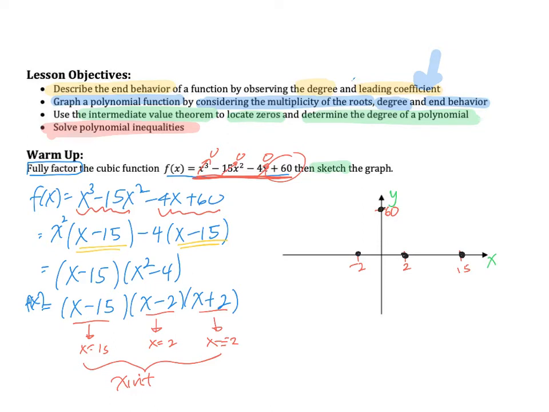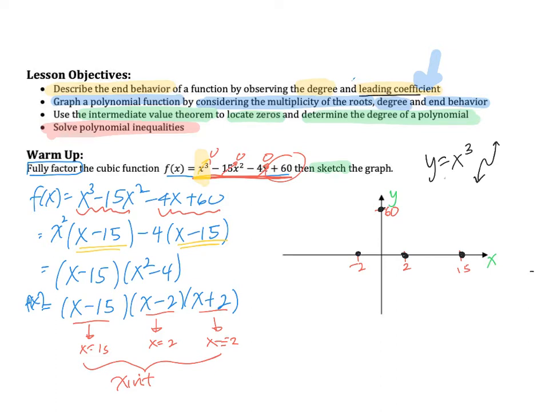The last thing you should be thinking to yourself is, what kind of function is this? It's a cubic function. And if it is a cubic function, that means it has a shape something like this, especially if there's a positive leading coefficient.